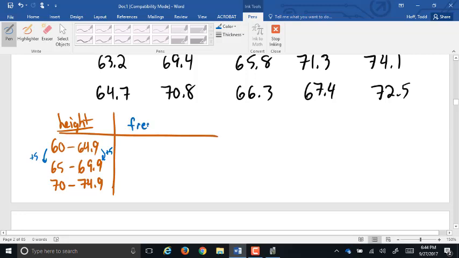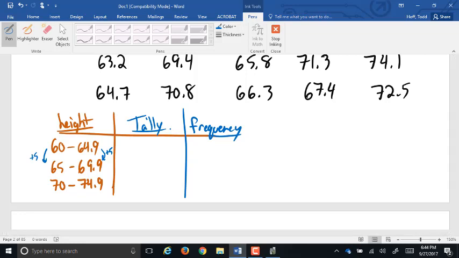Frequency. Now I'm going to show you guys a trick for frequency. I wouldn't include this in a finished table, but when I'm creating the table, if I'm doing my rough draft, I'll often put a tally column in there.